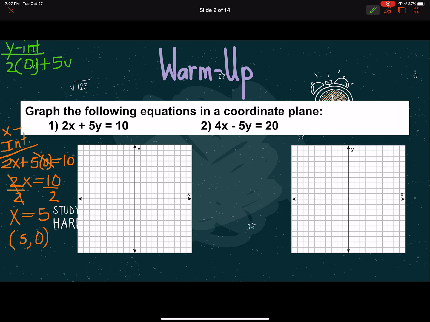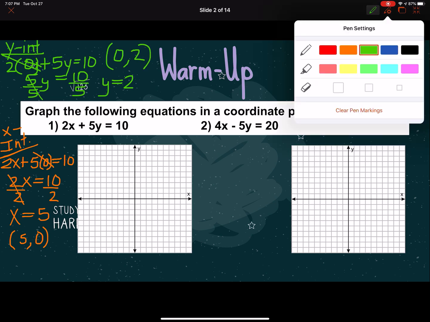I'm using the same equation, so I'm going to go through the same process, replacing the x value with 0. So 2 times 0, 0. 5y equals 10. I'm going to divide both sides by 5. And y equals 2. So my ordered pair for my y-intercept would be 0, 2.